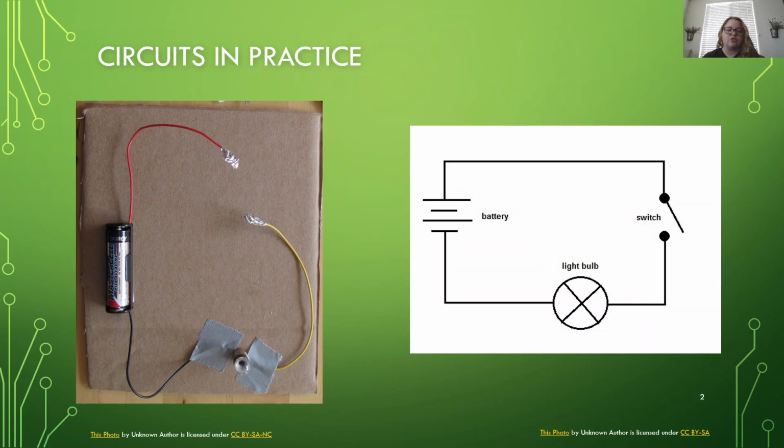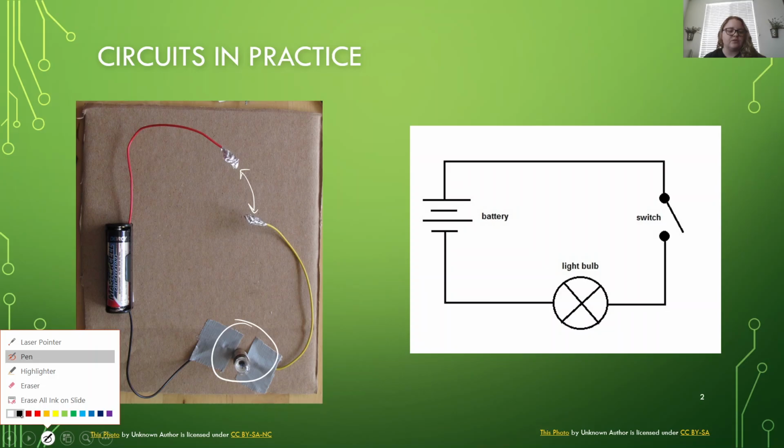So that's why they call it a switch, like a light switch, turning something on or off. Okay, so if we were to connect these two, then we would complete this circuit and the light bulb would produce light. And this is a schematic.